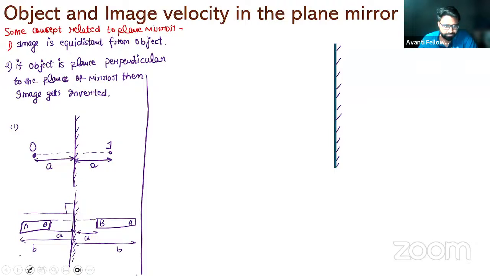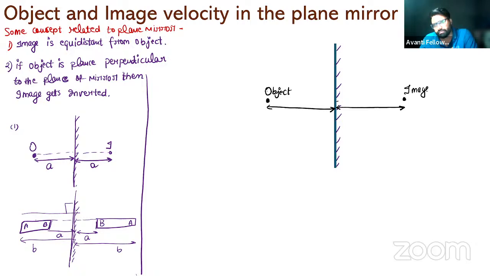And let's say the object is here at this point, and this is the distance of the object. Similarly, at the equidistance the image will be formed. So here it is the object, and here it is the image.